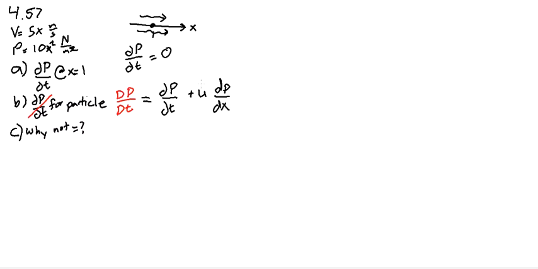This is the x component of velocity times the derivative of p with respect to x, plus basically the same thing, the velocity in the y direction times the derivative of p with respect to y. I'm actually doing regular derivatives. These should be partials.